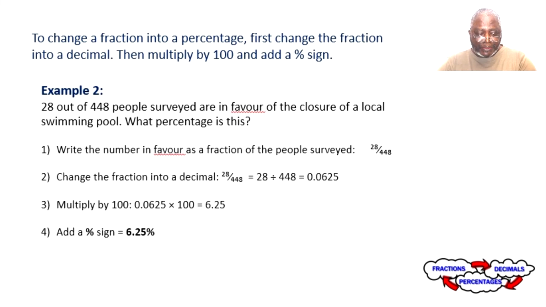Secondly, change the fraction into a decimal. So 28 divided by 448 is 0.0625. Multiply by 100. So 0.0625 times 100 is equal to 6.25. Then add your percentage sign, so it's 6.25%.